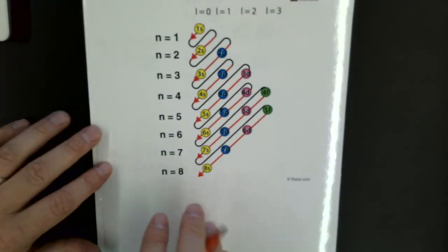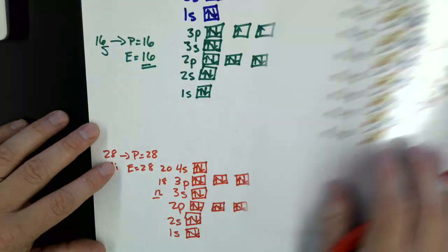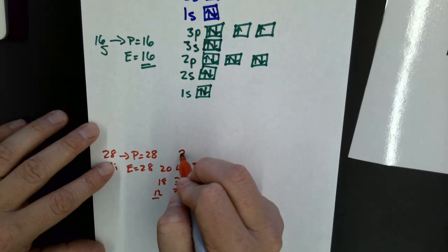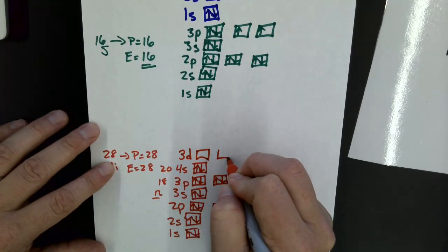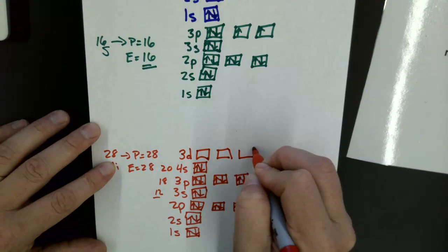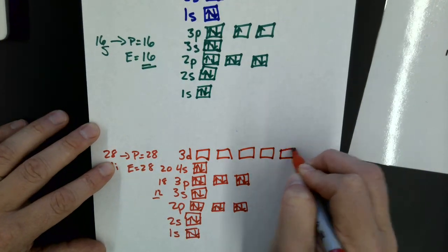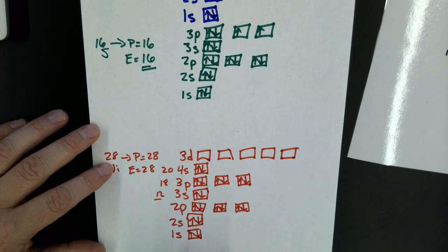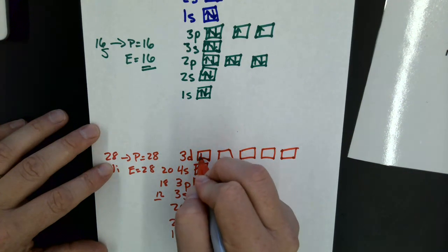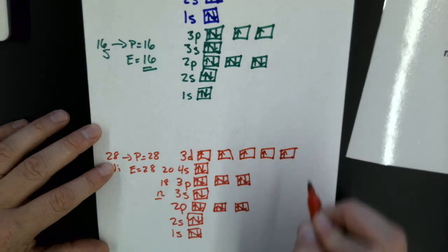And again, according to our chart, from 4s, if we follow the line, we're at 3d. The d's can contain up to 10 electrons, which means we need 5 boxes. Remember, we still need 8 more electrons. So we're going to follow Hund's rule, up, up, up, up.